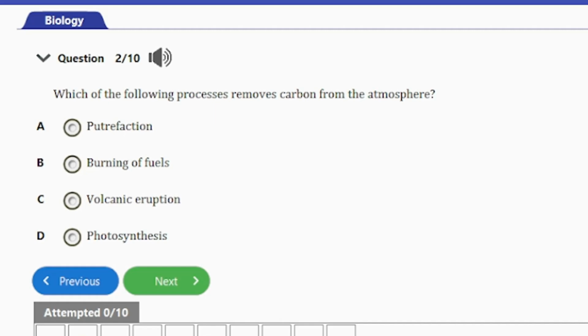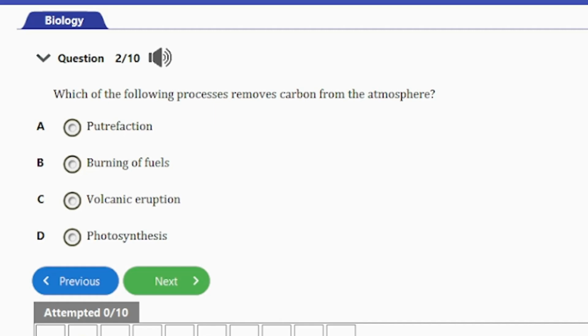So guys, photosynthesis removes carbon from the atmosphere, adding oxygen to the atmosphere. So that's the answer. Photosynthesis is the option here that removes carbon, actually carbon dioxide, from the atmosphere and then adds oxygen into the atmosphere.